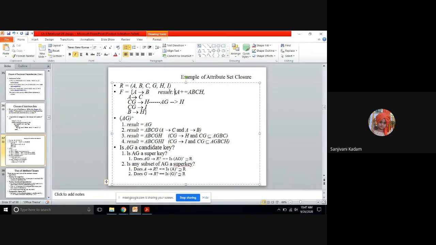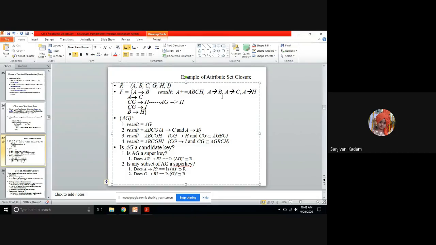So this is my gamma, and this is the gamma plus we have calculated, and gamma is a subset of R. Then S will be a subset of gamma plus, and we can add the functional dependencies A gives B and A gives C to the closure.